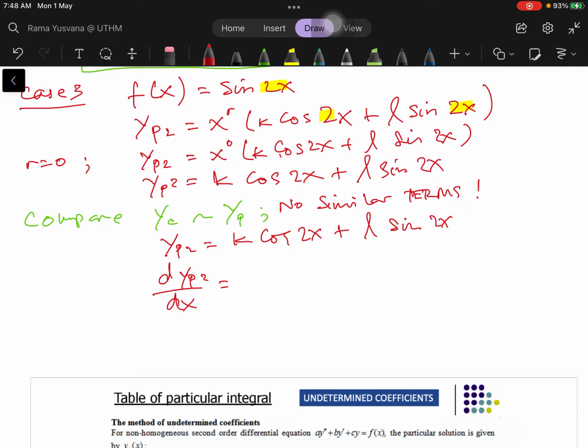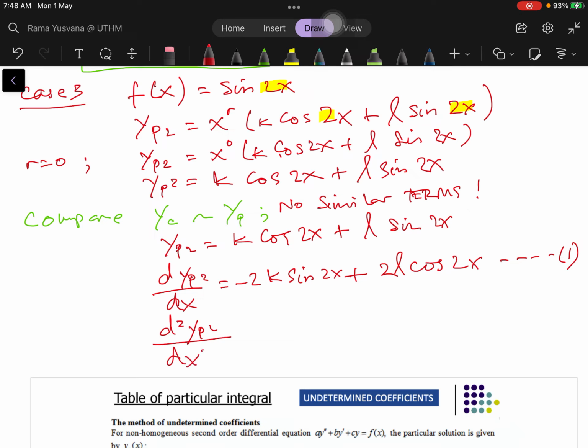dyp2 over dx is equals to negative 2k sin 2x plus 2L, sin becomes cos, okay, as our first derivative, and then our second derivative, d square yp2 over dx square equals to negative 4k cos 2x, negative 4L sin 2x.